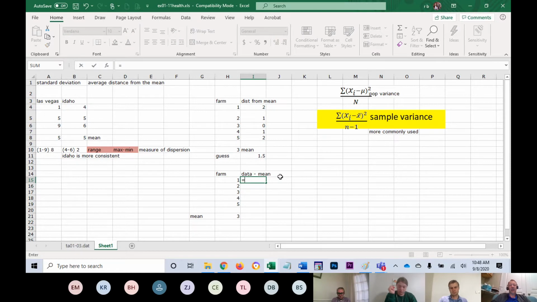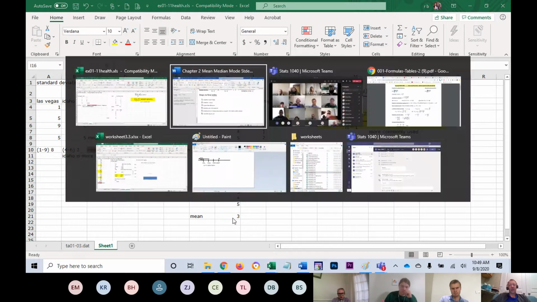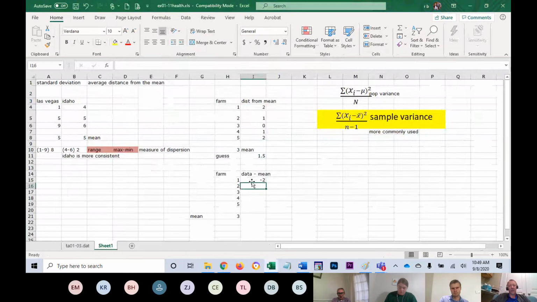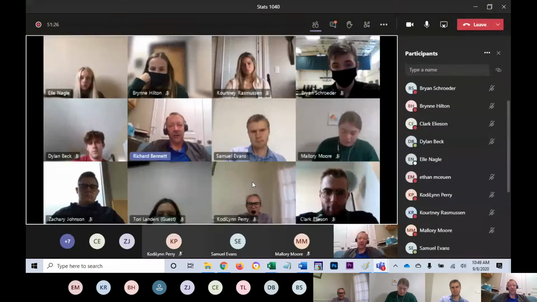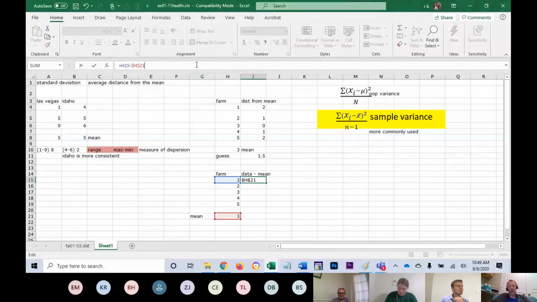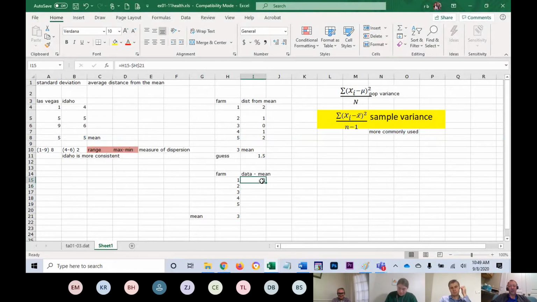So in this case, I'm going to be more picky. When I did it with Sam before, we didn't worry about negative signs, but I'm going to worry about it this time, okay? So it's going to be 1 minus 3. So step 2 is to find the data minus the mean, and we're going to do this. I think this answers Cody's question. We're going to do this for all 5 data points.